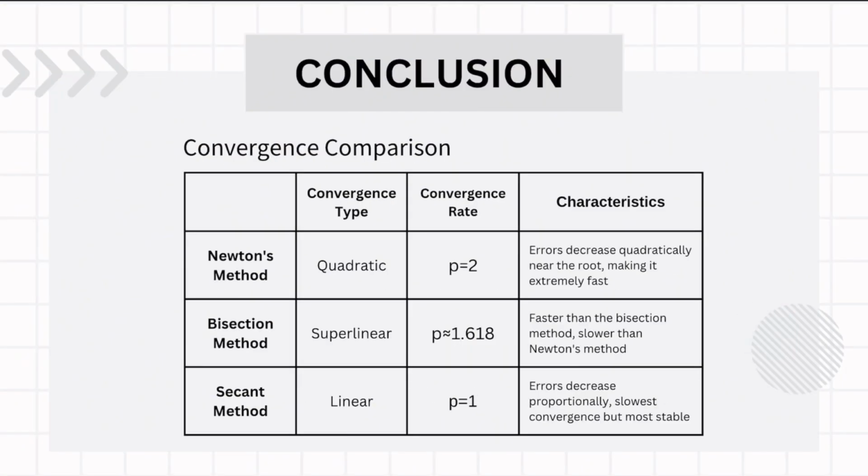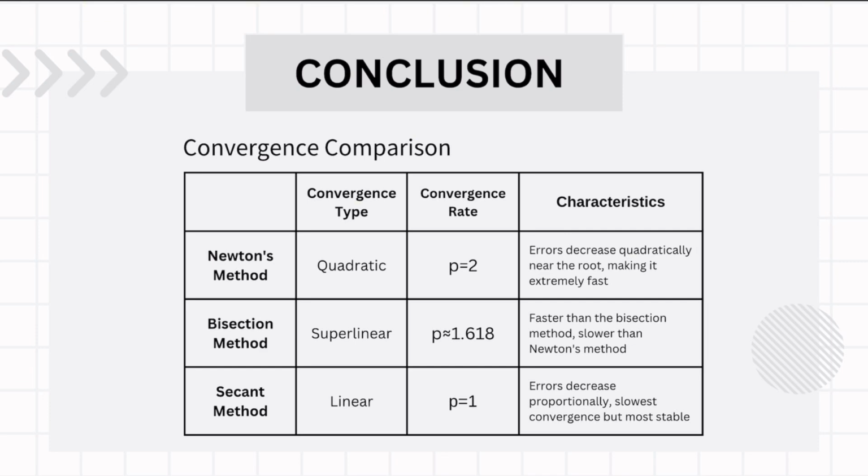Conclusion. We compare the convergence characteristics of 3 root finding methods. For Newton's method, the convergence type is quadratic with a convergence rate of p equals 2. Bisection method. The convergence type is superlinear, with the rate of p approximately equal to 1.618.